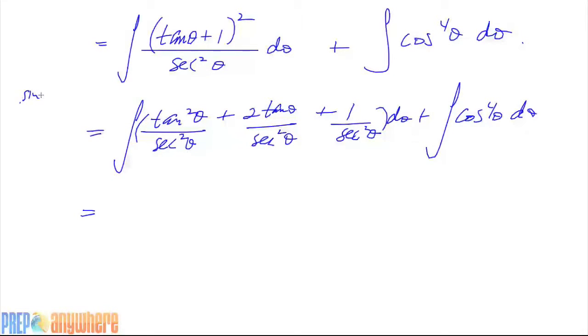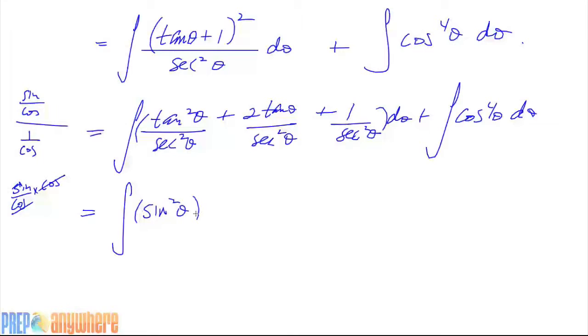Tangent is sine over cosine, and secant is 1 over cosine. So sine over cosine times cosine, the cosine cancels out, and it gives you sine squared theta. That's the first one.